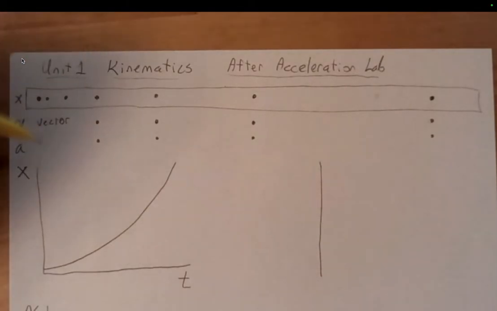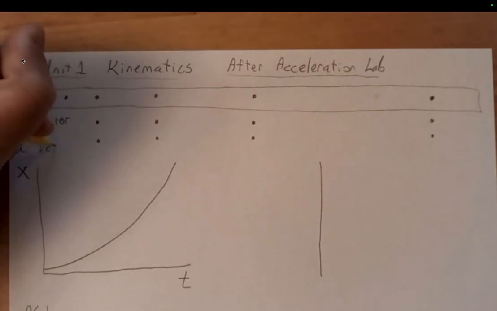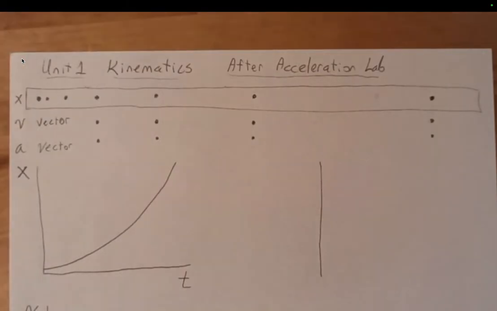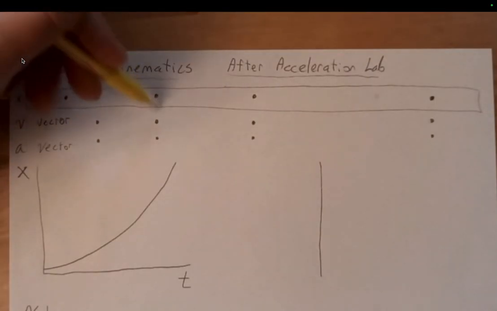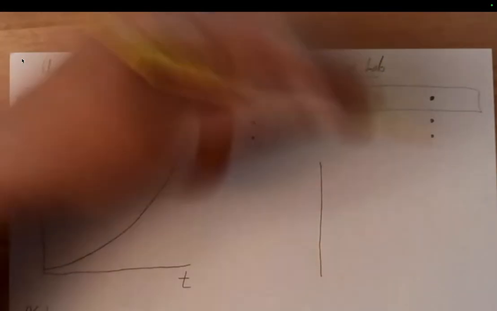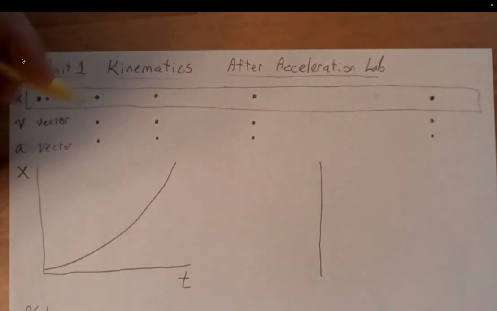But we're going to see that this velocity is a vector and that this acceleration is also going to be a vector. So what I mean by that is it has a direction. So if I take this position point and I just put all these position points down below, so that way I can draw in a velocity vector.